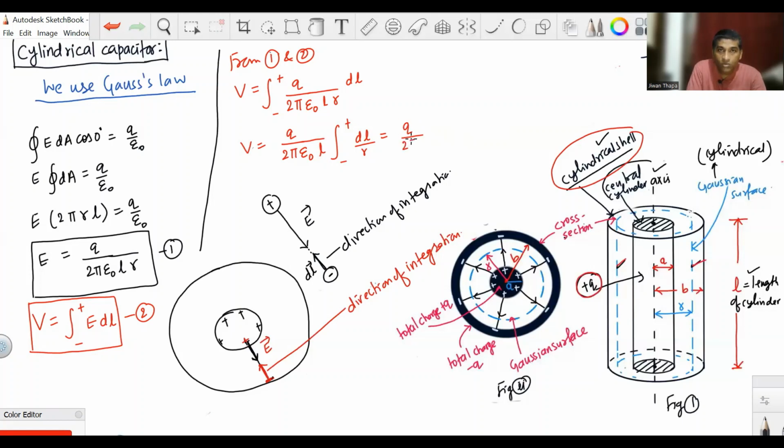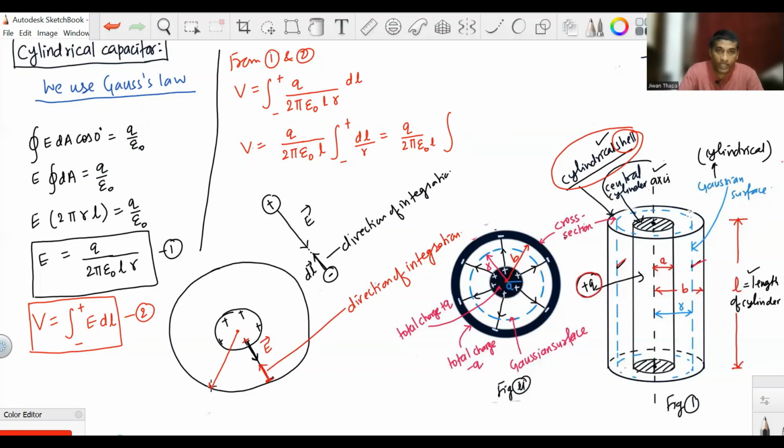So we can write this expression as follows. Now what do we find? The inner radius, clear, because we are integrating from the cylindrical cell, which contains negative charge on its inner surface, to the central cylinder.